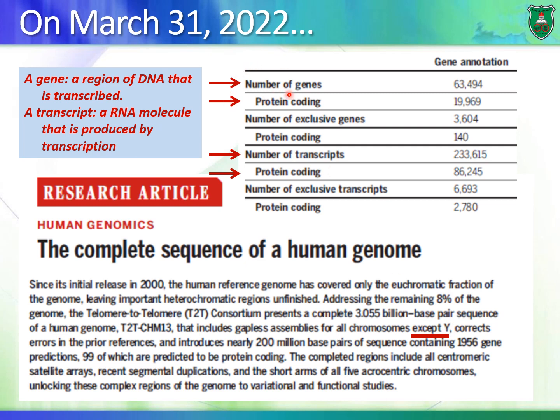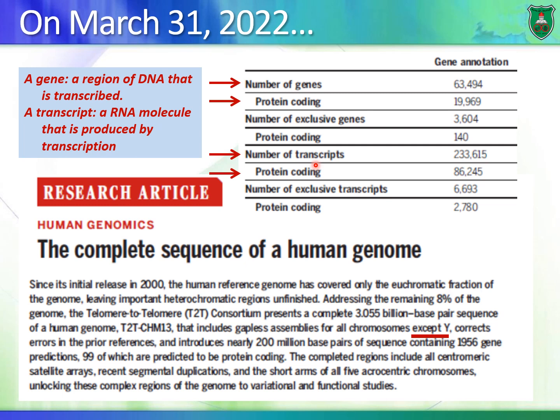And they found out the following. The number of genes in the human genome is about 63,000. Now, only 19,969 of these genes are protein coding. They produce protein. They produce messenger RNA, in other words. Now the number of transcripts, what do we mean by transcripts?